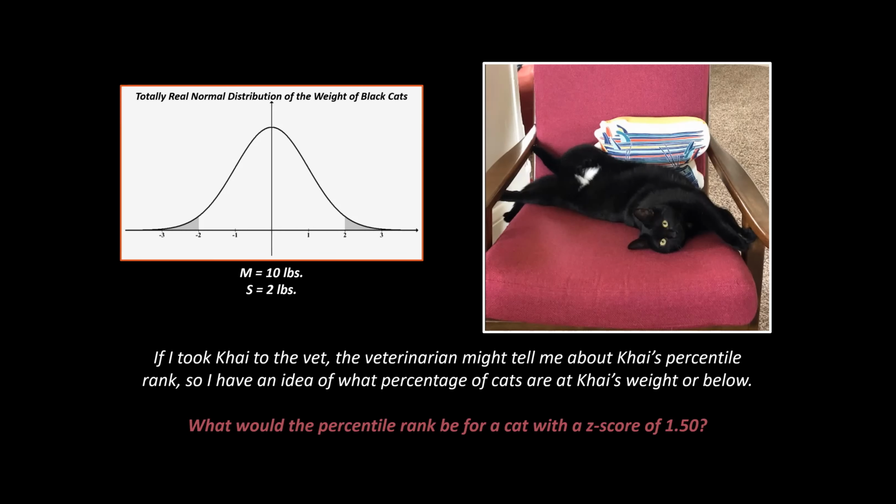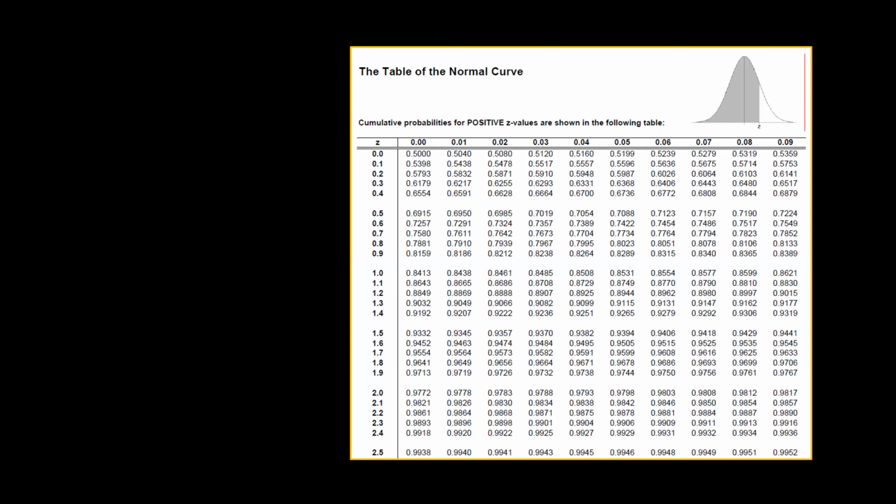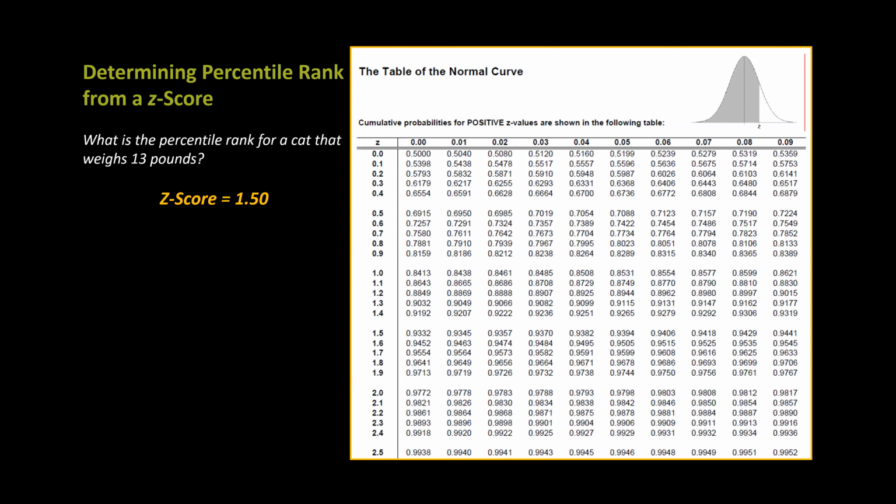Let's figure that out. We know right off the bat that we're going to be using the table of the normal curve for positive z values. You know this because it says positive right on the table, but also the z column is all positive numbers. So as I said, we know Kai's z-score is 1.50.